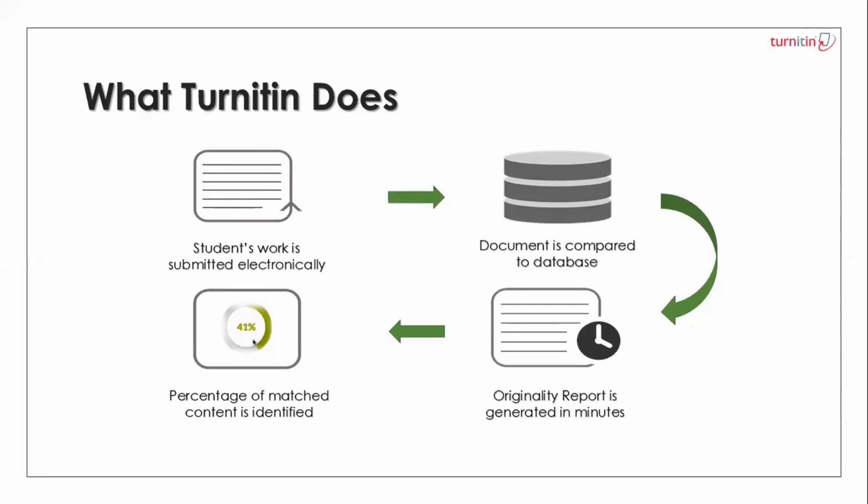After they submit, their document will be compared to the Turnitin databases. Turnitin databases means three databases. The first one is the internet web pages, meaning all the open access free source pages that Turnitin indexes every day. The second one is the student papers captured in the Turnitin system since 1996.